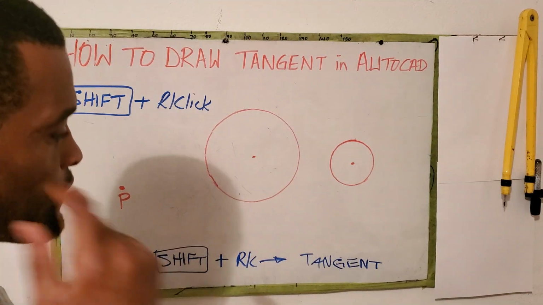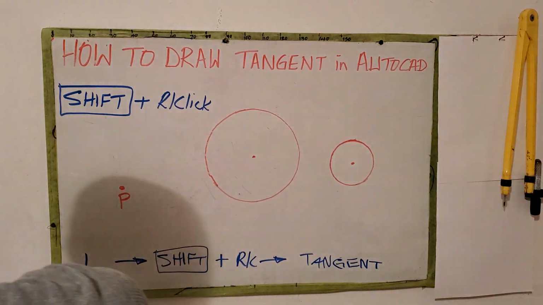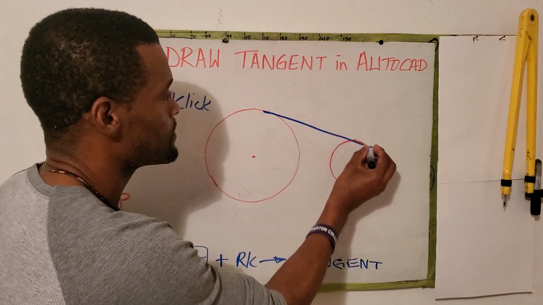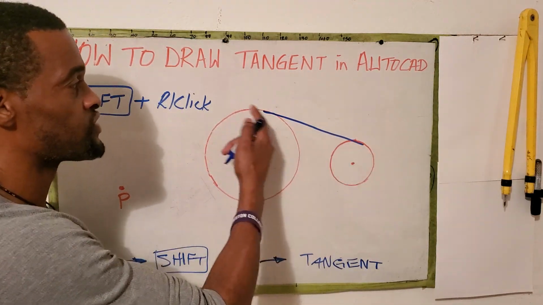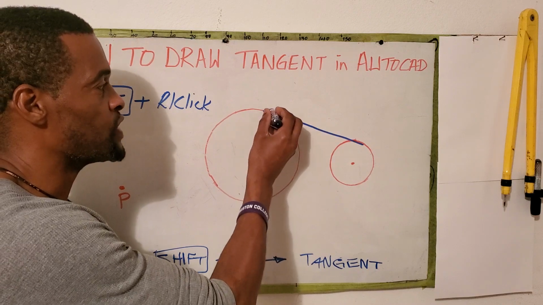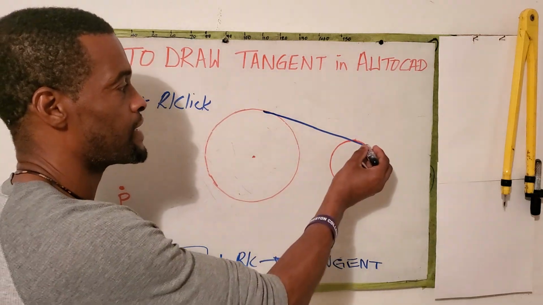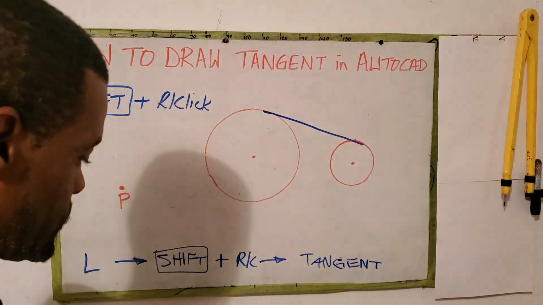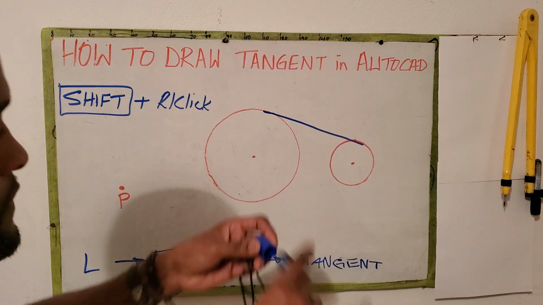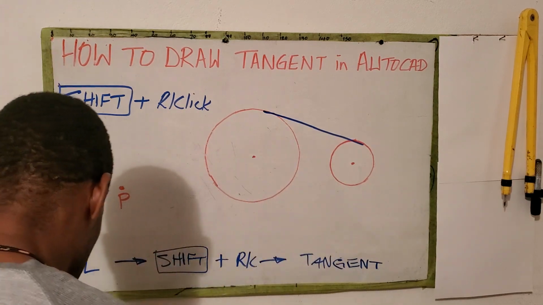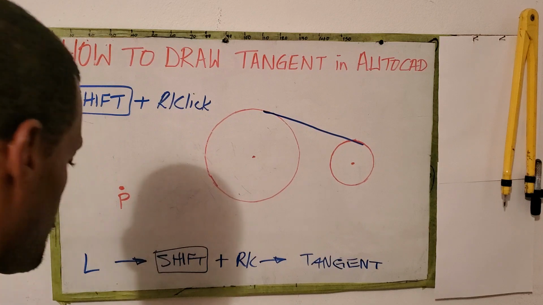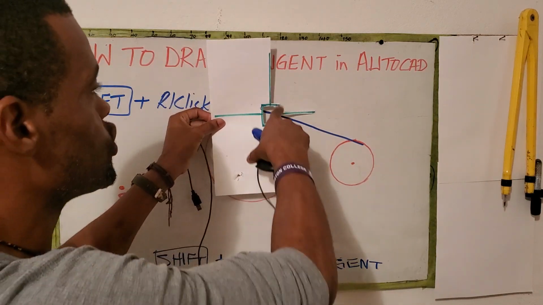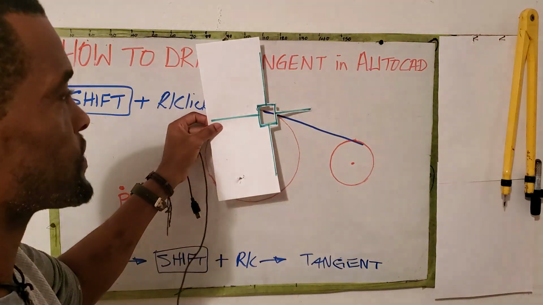All right. Say for example, if I wish to draw an external tangent, I know that for an external tangent, the tangential point would be someplace here and someplace here. So I would bring my cross up to this point, and you should see a little circle being formed on the circumference.